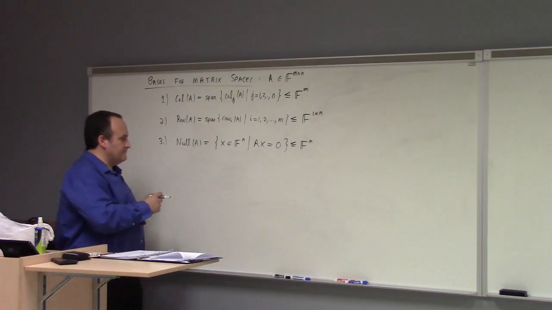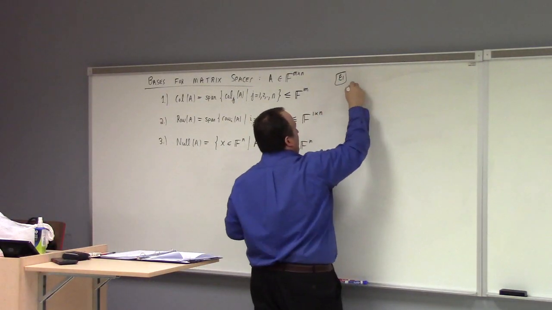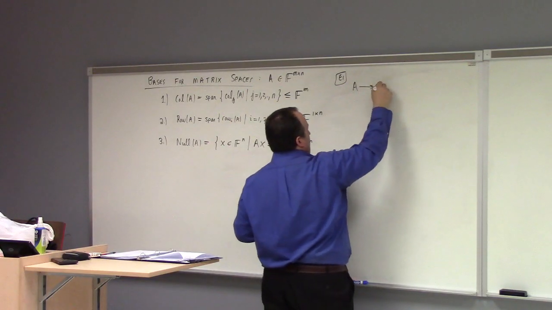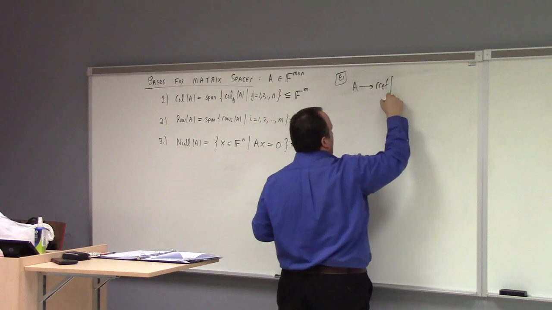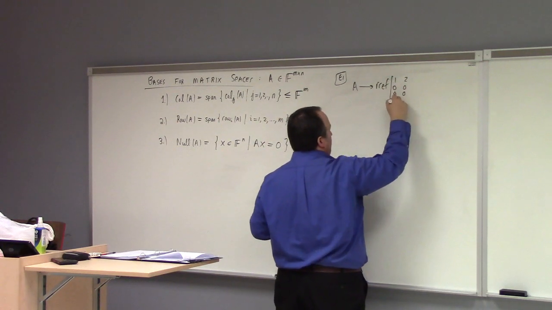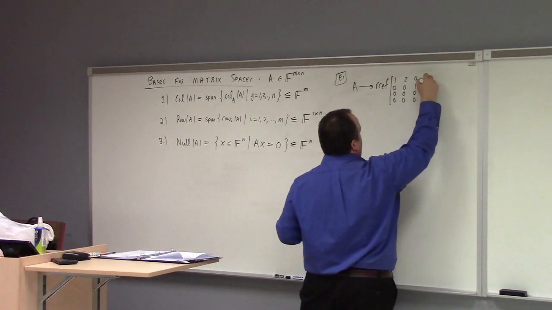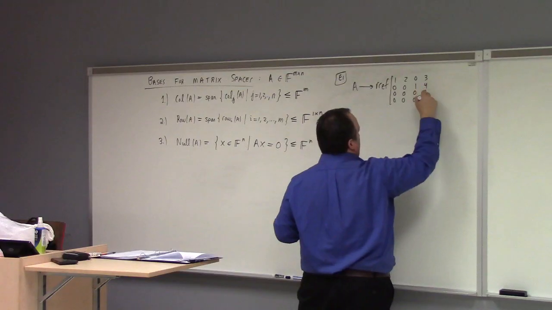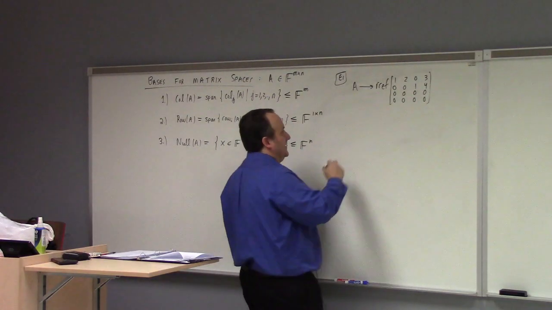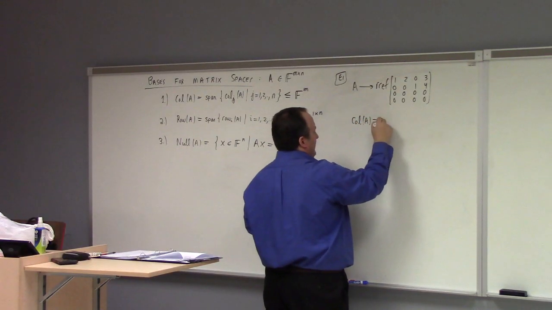So for example, if the reduced row echelon form of A had the form 1, 2, 0, 0, 0, 0, 0, 0, 1, 0, 0, 3, 4, 0, 0, then the column space of A is the span of what?